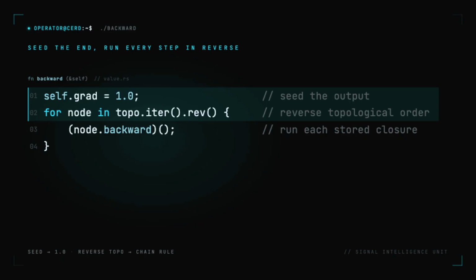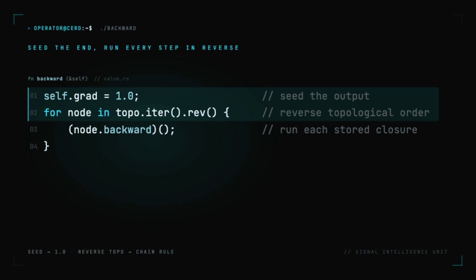As you walk these nodes in reverse, you're calling their stored functions, so each one multiplies the gradient coming in and hands it back. By the time you get to the inputs, every one of them has added up its total pull on the answer, and that total is its gradient.